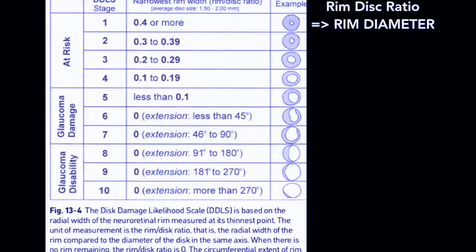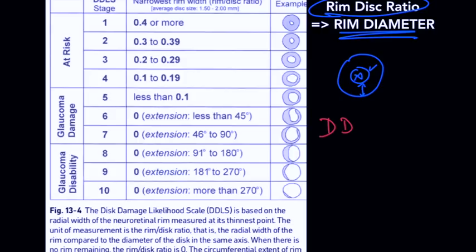So as I was mentioning till now, looking at the characters of the rim is of prime importance, and that's why, more than the cup disc ratio, going for a rim disc ratio is very important. That is, we consider the diameter of the rim relative to the disc. We're not bothered about the cup, but we are concerned about the rim. So rim diameter is the key, and we make use of this rim diameter in the scale called the disc damage likelihood scale, or DDLS.